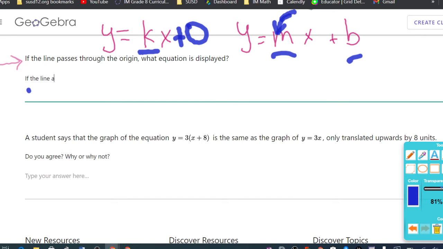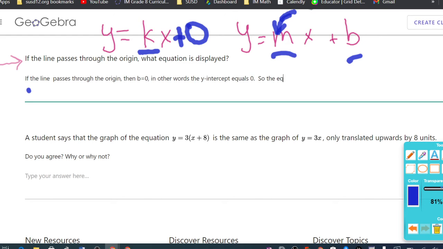If the line passes through the origin, then b equals 0. In other words, the y-intercept equals 0.